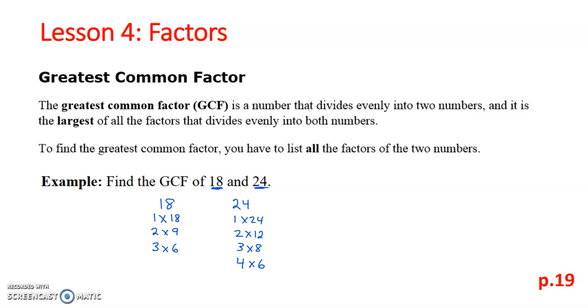And then we look in our lists and we find the numbers that match, but the biggest one is the one we want. And when we look at 18 and 24, the largest common factor that they share is the number 6. So the GCF, or greatest common factor, of 18 and 24 is 6.